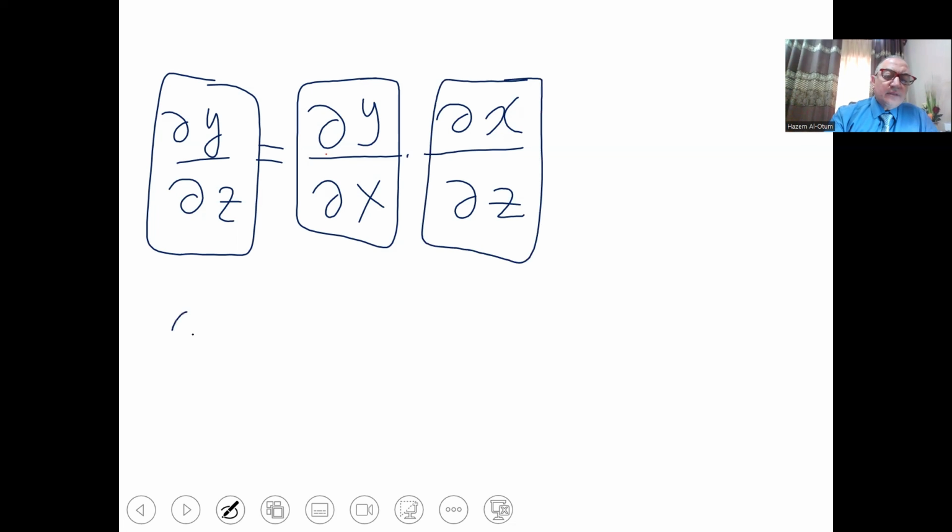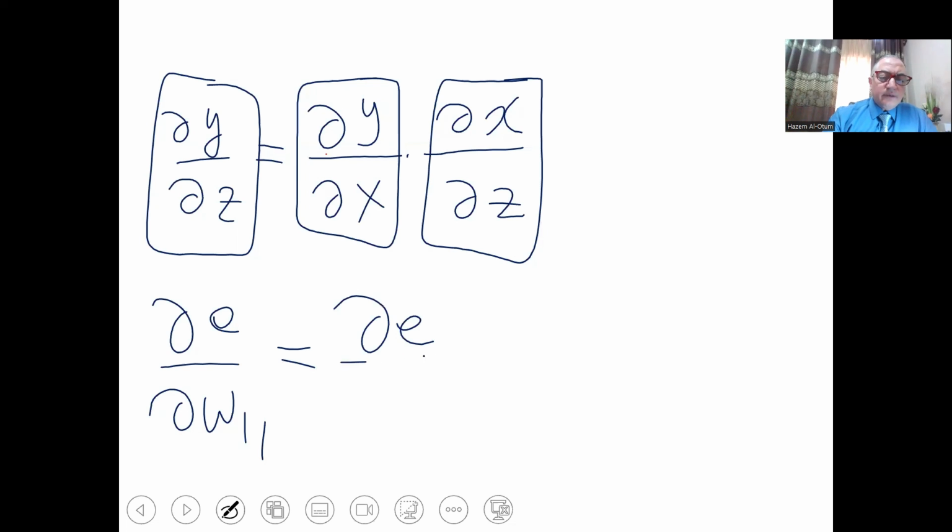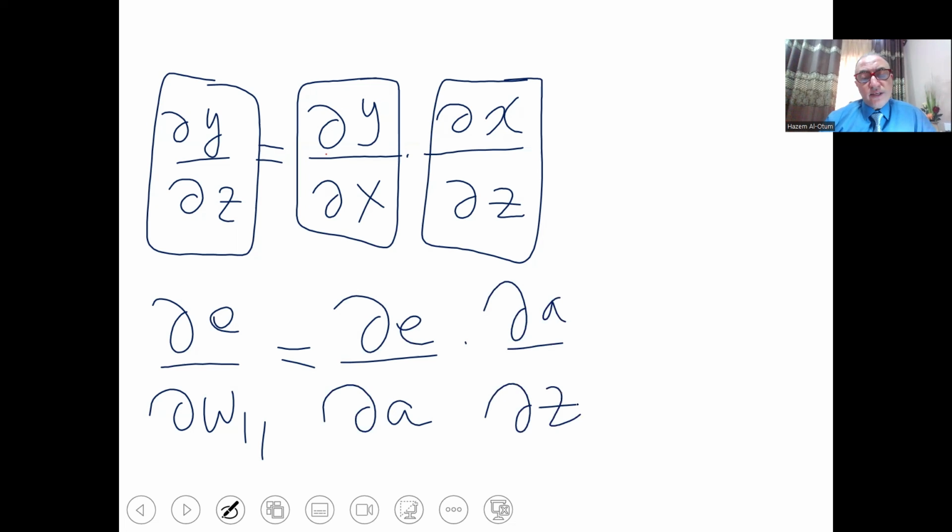Now we have del E in terms of del W11. So we have del E with respect to del a, because we have the activation function whose parameter values will be changing, multiplied by del a over del z, because the input z to the activation function will be modified accordingly. z is defined as the sum of values coming from w multiplied by the inputs, plus a bias.